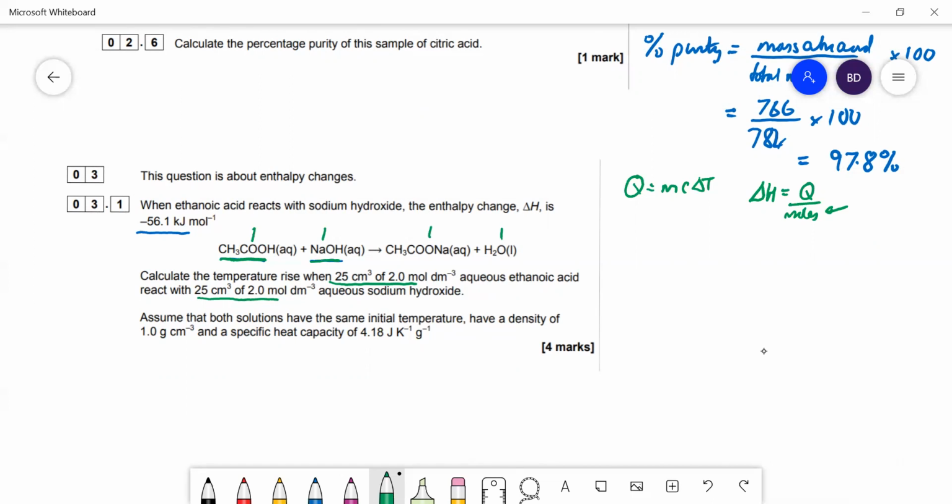Okay, so the moles of NaOH, we could equally use the ethanoic acid, is equal to concentration times volume, which is equal to 2 mole per decimeter cubed, volume 25 over 1,000 in dm cubed. That gives us an answer of 0.05 moles.